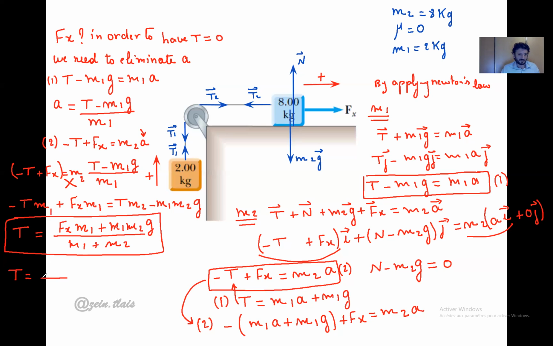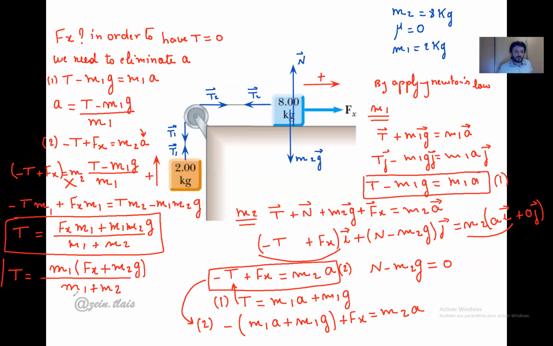We can write m1 times fx plus m2g divided by m1 plus m2.